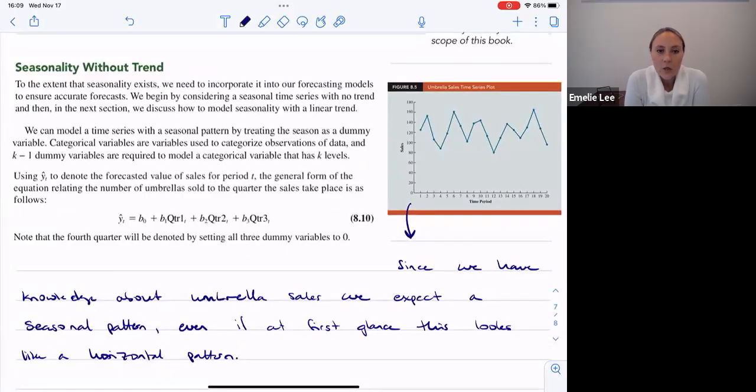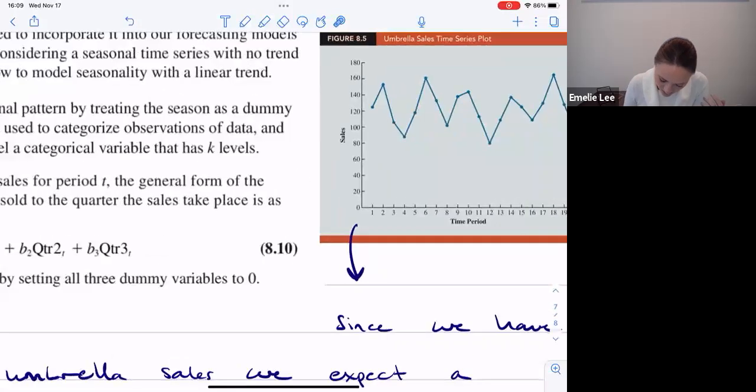If you want to incorporate this seasonality, it's going to be linked to some measure of time. For example, if it's quarterly, here we're looking at time periods 1, 2, 3, 4, and then 5, 6, and then it seems to repeat itself. So we have this kind of seasonality.